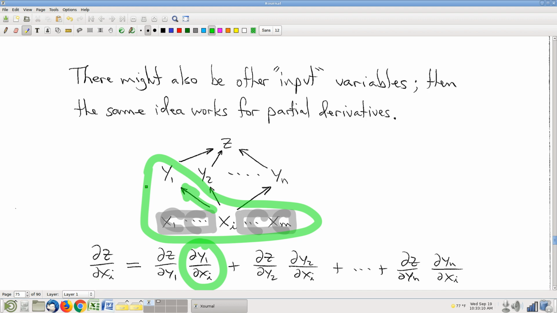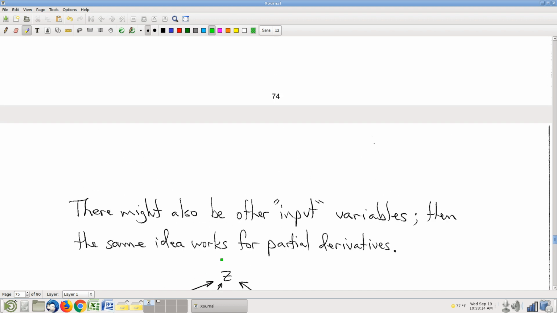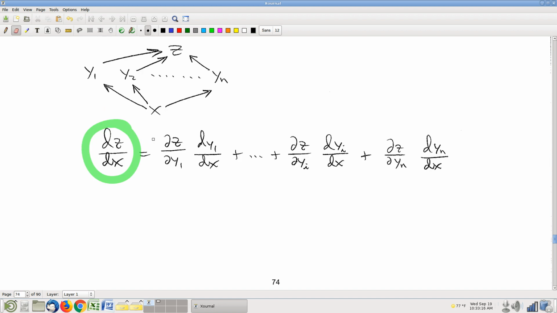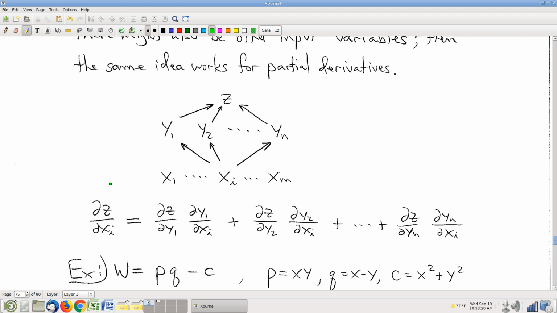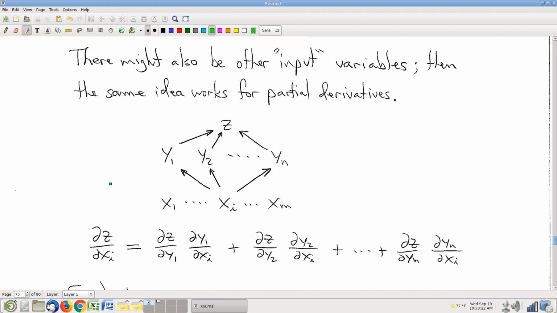That's the only difference, really. You can compare what this formula looks like with that formula, and it's pretty much the same formula, except we have partials there, etc. Everything else is the same. I think it's really plausible. Is everybody happy with that? Okay, let's see an example.